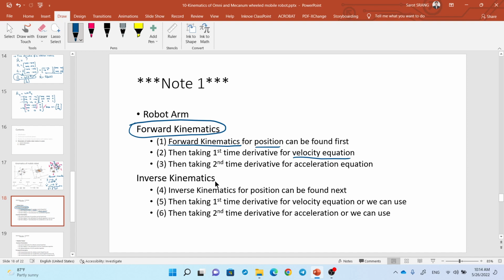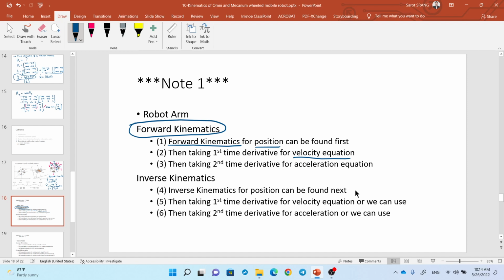Then taking the second time derivative gives the acceleration equation, right? And for inverse kinematics, you can find the position equation first, right? And you may also need to use the forward kinematic equation, okay?